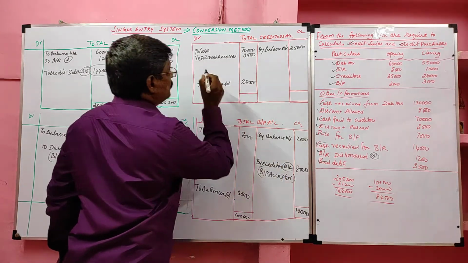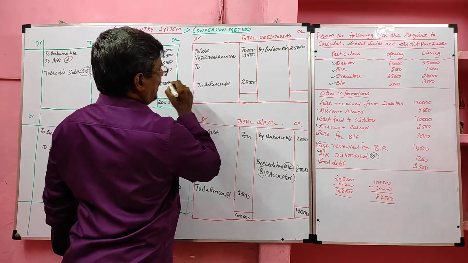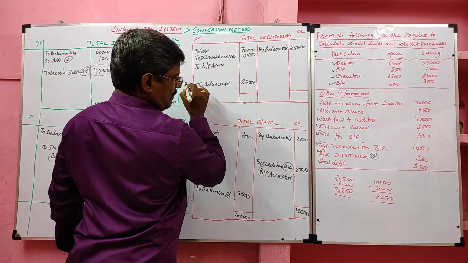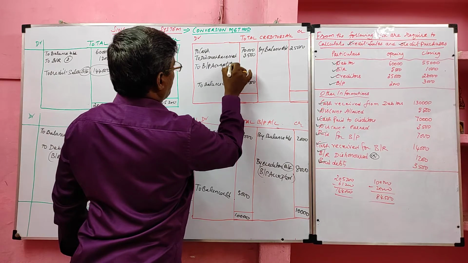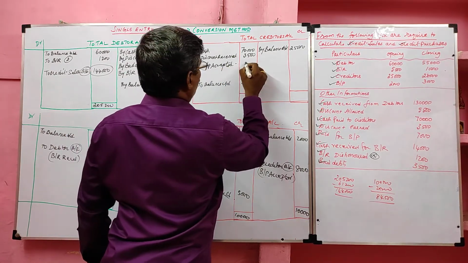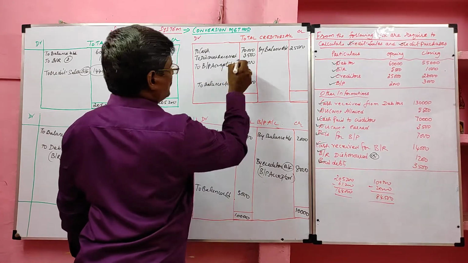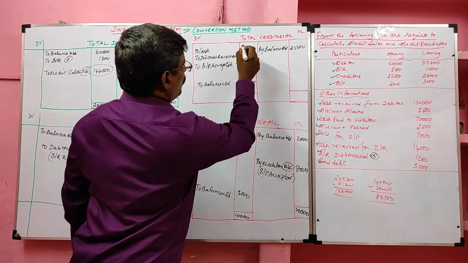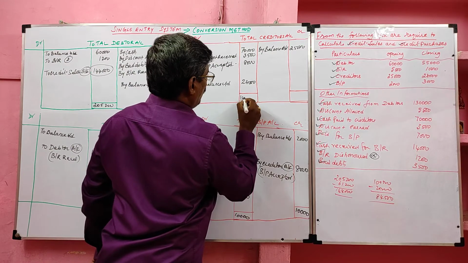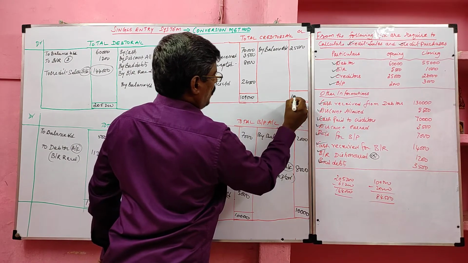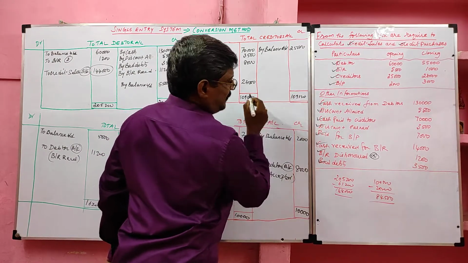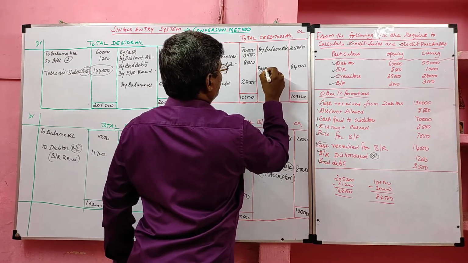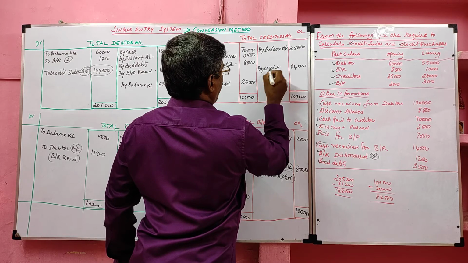This should be transferred to the debit side of creditor account as BP accepted. Value how much? 8,000. This should be transferred to the debit side of total creditor account. The total value, already I added, 1,09,500. 1,09,500 minus 25,000 will get 84,500. This we call credit purchase.